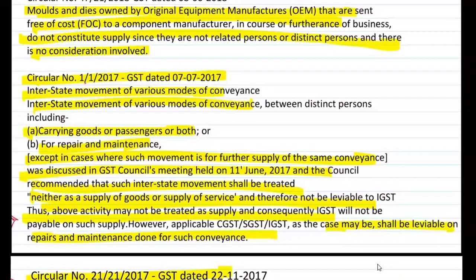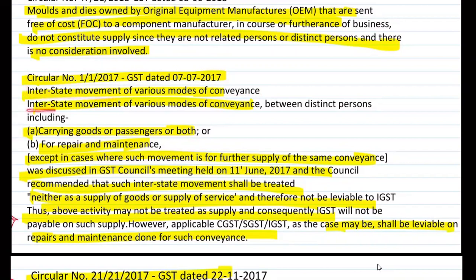Okay, the next one, 1/1/2017. Now see, it is the first circular of the GST Act. Interstate movement of various modes of conveyance. Interstate means between two states.